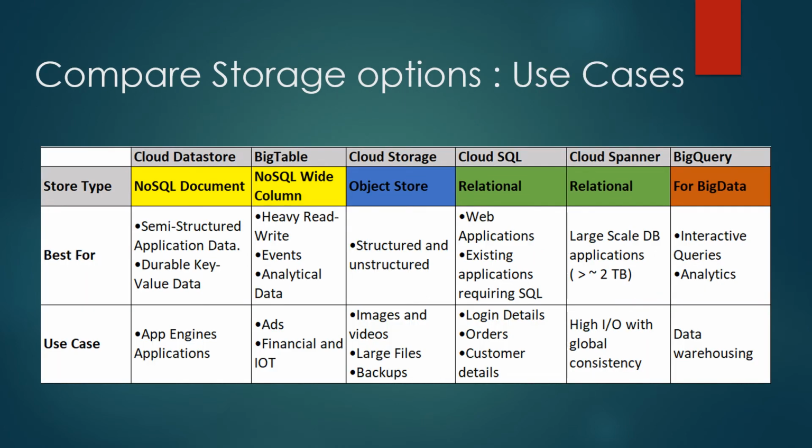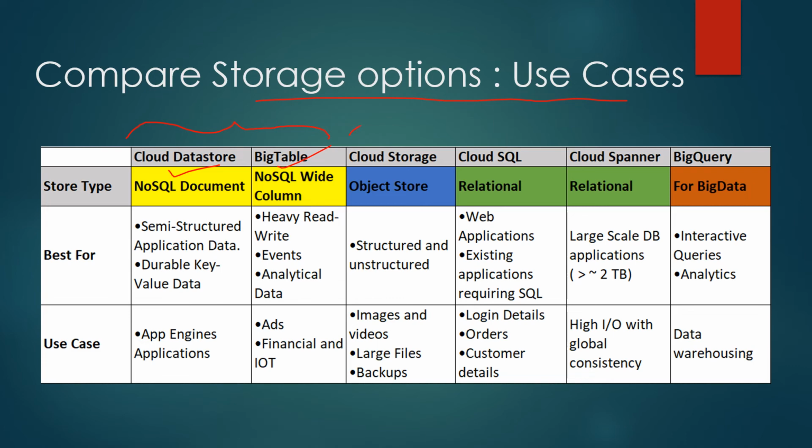We can also compare the storage options based on the use cases that we have. If you are dealing with backups or anything in terms of NoSQL, Cloud Datastore is more suitable. If you have very high event volumes running on a NoSQL DB, with very heavy read-write operations, or it's a very intensive operation, then Bigtable is the more preferred option.